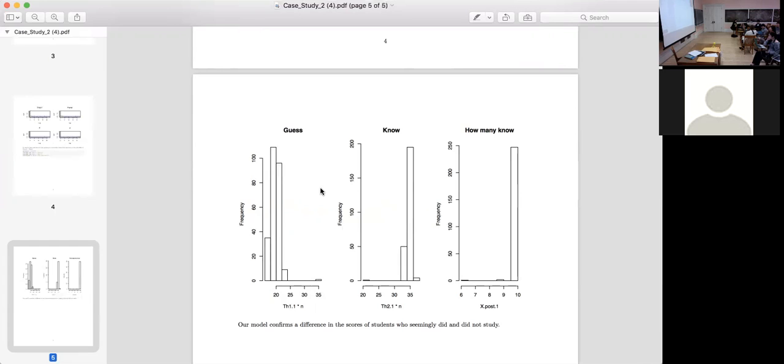Yeah. Okay. And the middle one is the group that knows? The group that knows, yeah. What about the last one? The last one is the number of people in the group that knows. Oh, okay. It's not showing particular people, but it's showing the counts. Okay.